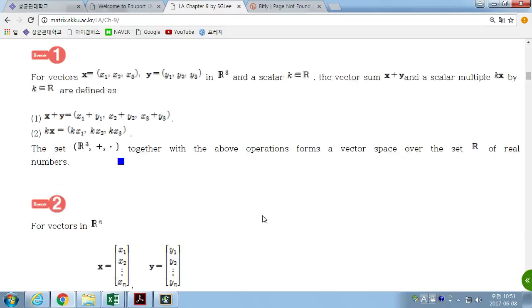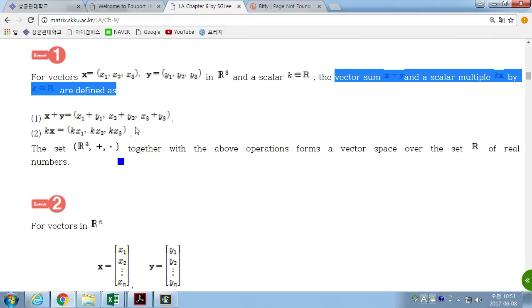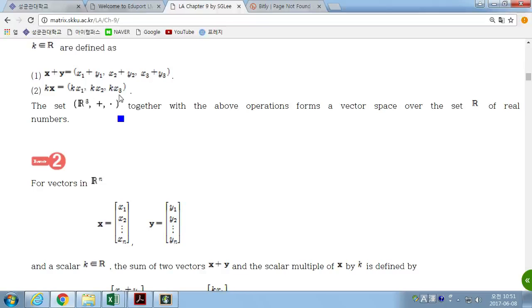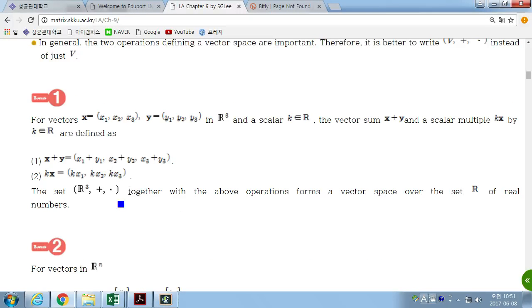Example. If x and y are elements in R3 and k is a scalar from R, and the vector addition and scalar multiplication are defined like before in chapter 3, then this R3 with these 2 operations forms a vector space, because we have shown that this satisfies all those 10 properties already in the earlier chapters.